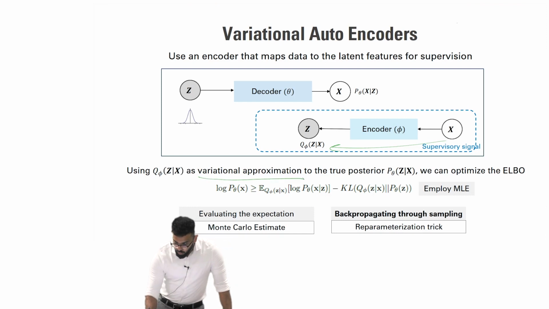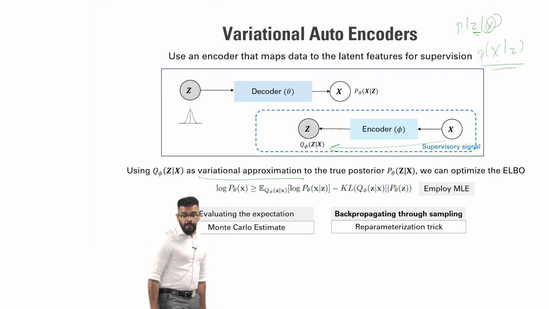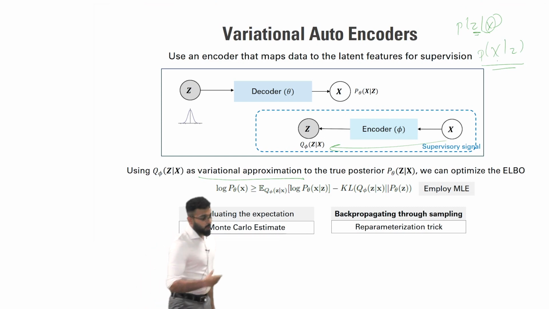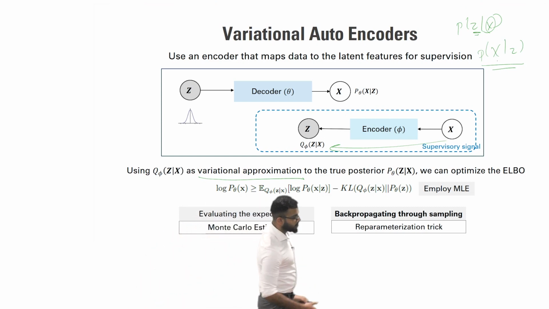So you have a true posterior distribution over Z given X, which is the latent information given any data point. If you know this, then you can learn the mapping X given Z easily because you have some sort of supervision. But if you don't know that, you assume some sort of parametric form for this distribution, which is called a variational approximation.